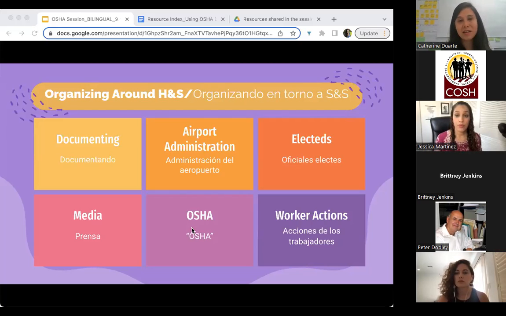And as many of you know, this process with OSHA takes many months. In this case, it took 6 months. But meanwhile, as part of the organizing campaign, the workers did many actions, not only around health and safety, but this campaign was also to inform workers about other rights they have.